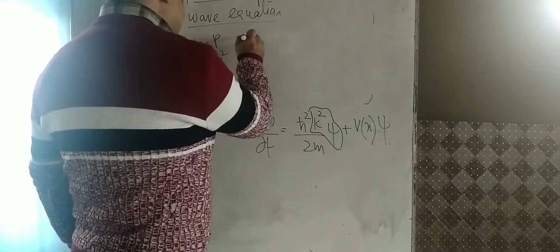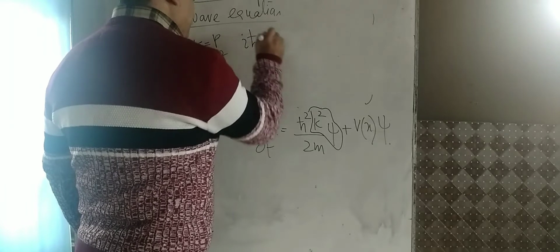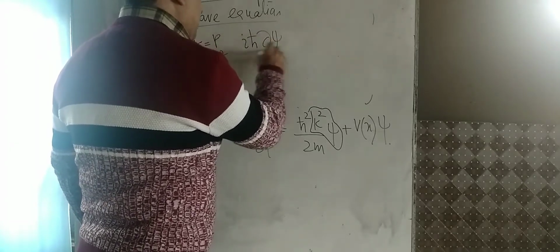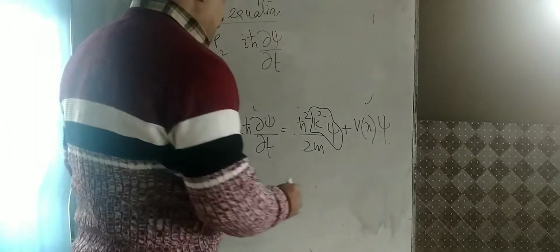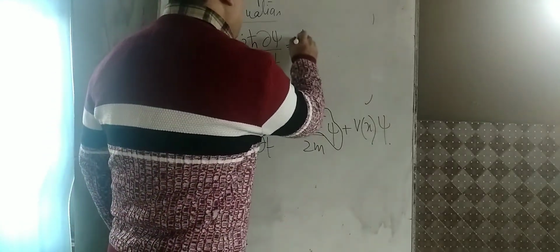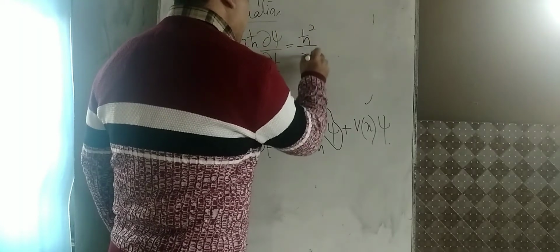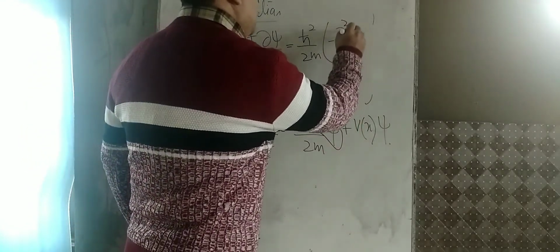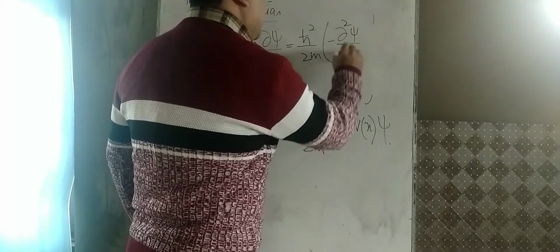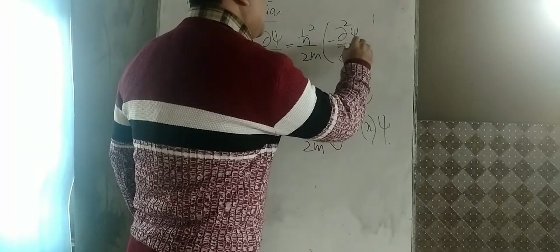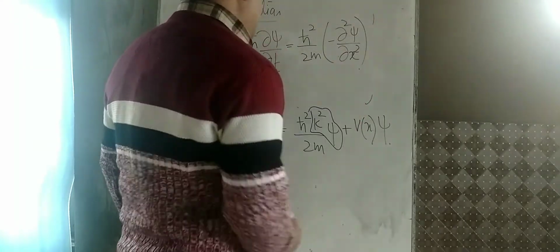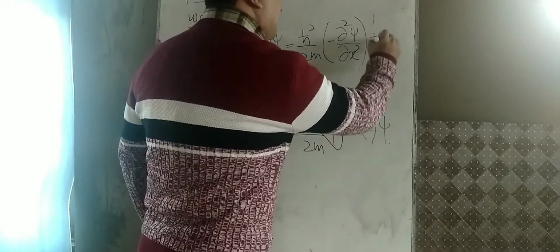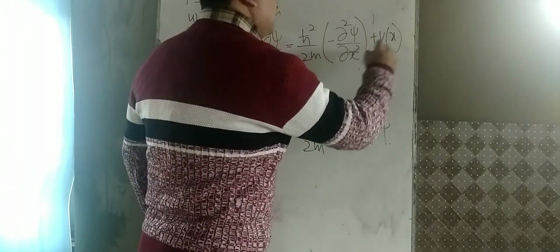So here I will write i h bar del psi upon del t will be equal to h bar square by 2m times minus del 2 psi upon del x2, and here I'll write plus V of x psi.